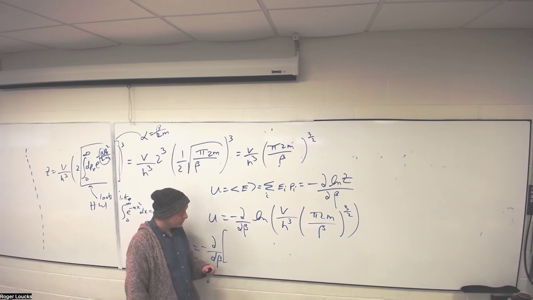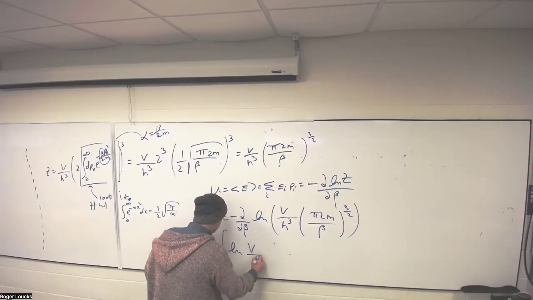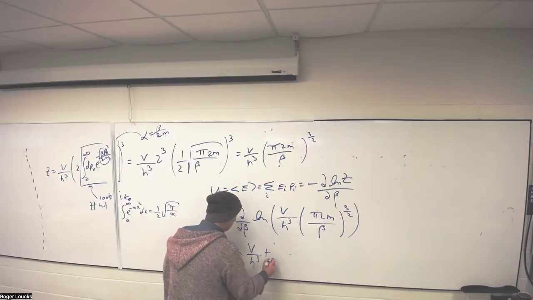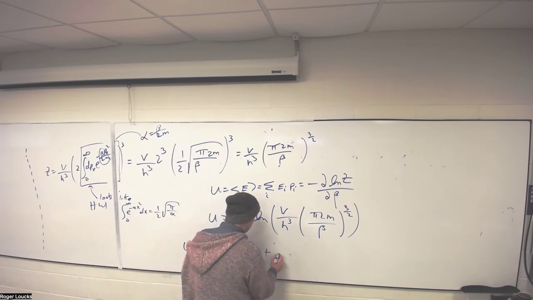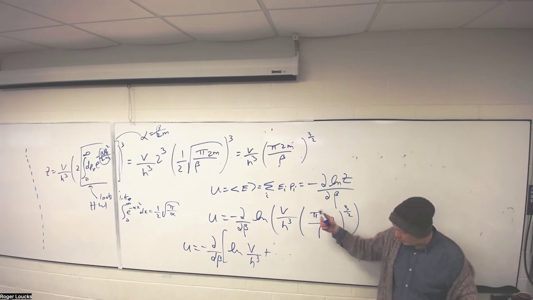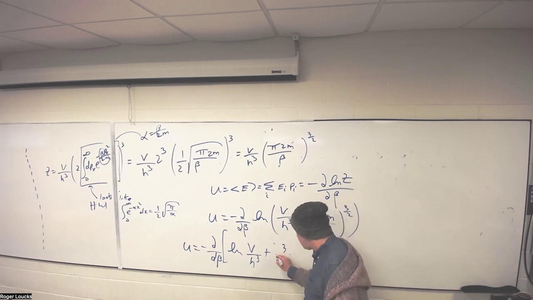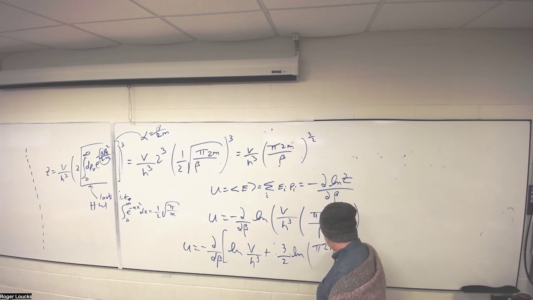It's the ln of V over h cubed plus, then the logarithm of this guy here. What can I do with the 3/2? I'm going to put it out in front. So then this is 3/2 times the log of 2 pi m over beta.